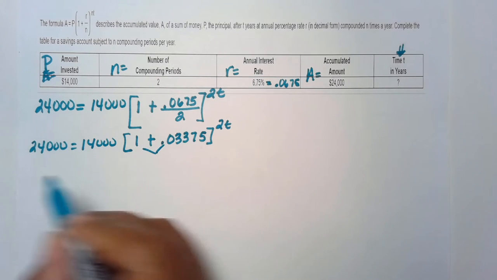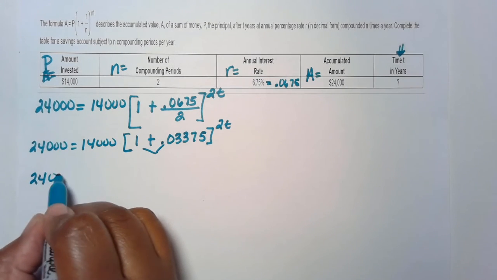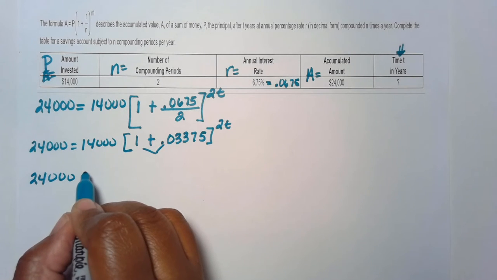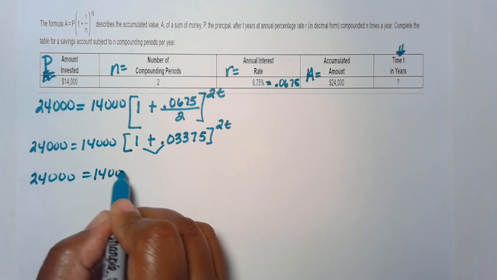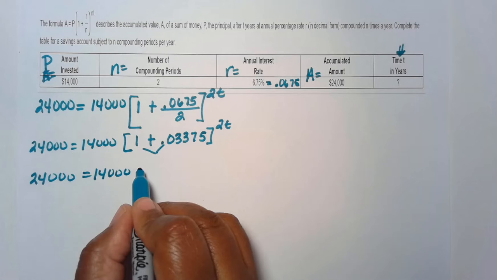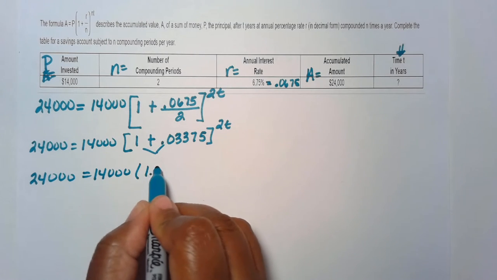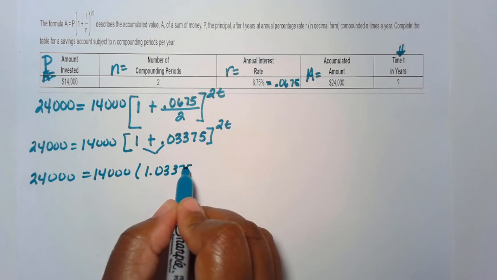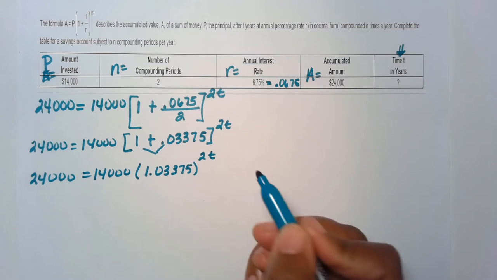Add what's inside the brackets, and that would give us 1.03375 raised to the 2t power.